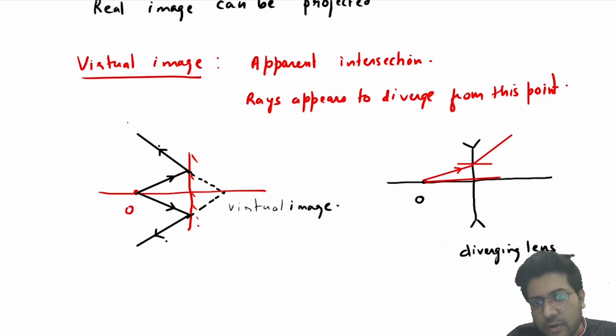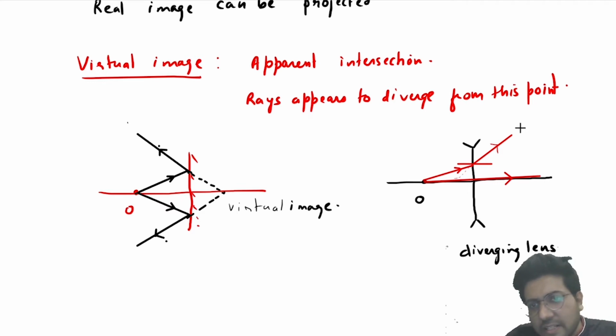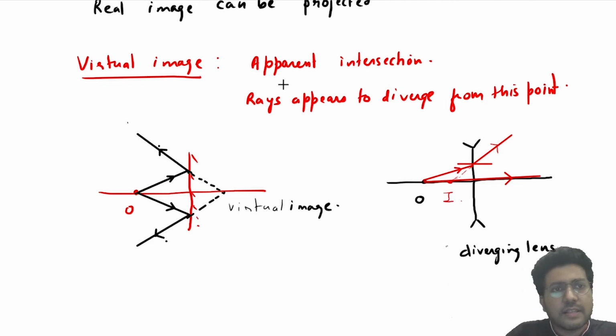One more ray I can draw like this also. Light passing through the optical center of the lens emerges undeviated. We will discuss this also afterwards. Now we are only discussing the definition. You will see that these two are the refracted rays. Now these two refracted rays are not intersecting on this side, they are intersecting virtually here. So this is the image. Okay, so this is a virtual image.